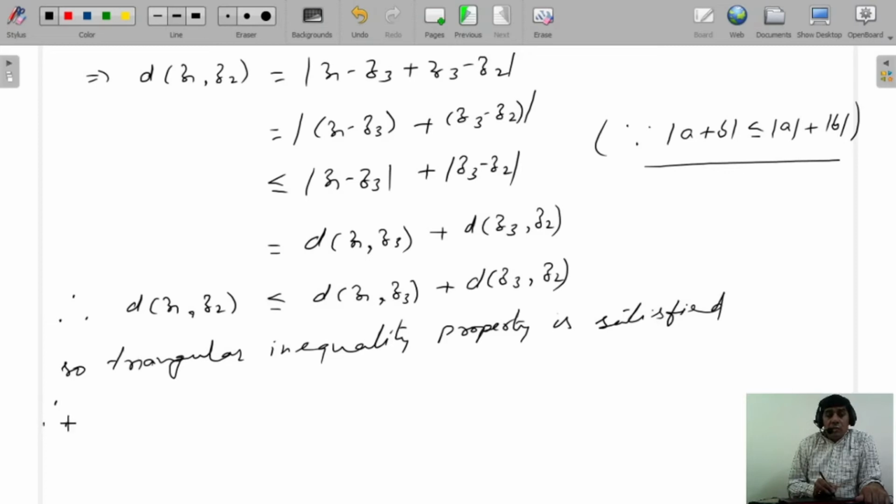So C, the set of complex numbers, is a metric space with metric d.